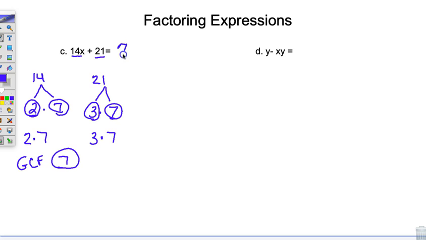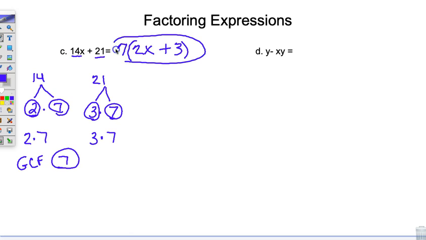So let's leave 7 on the outside of the parentheses. Since only the 14 has an x and the 21 does not, I cannot put an x next to the 7. So I'm just going to immediately open parentheses. 7 times 2x is equal to that 14x. I will keep the addition sign. 7 times 3 is equal to 21.